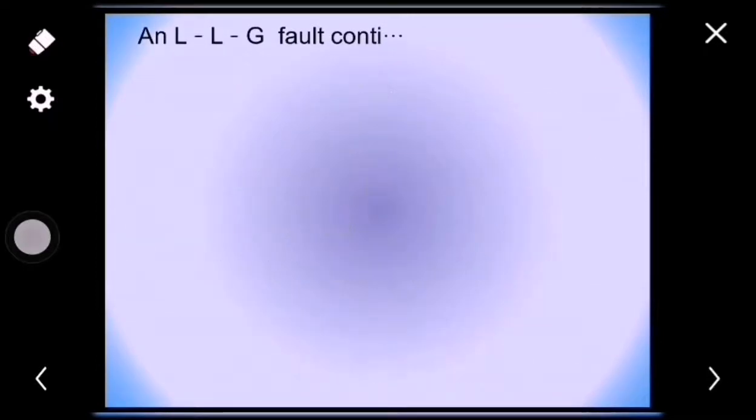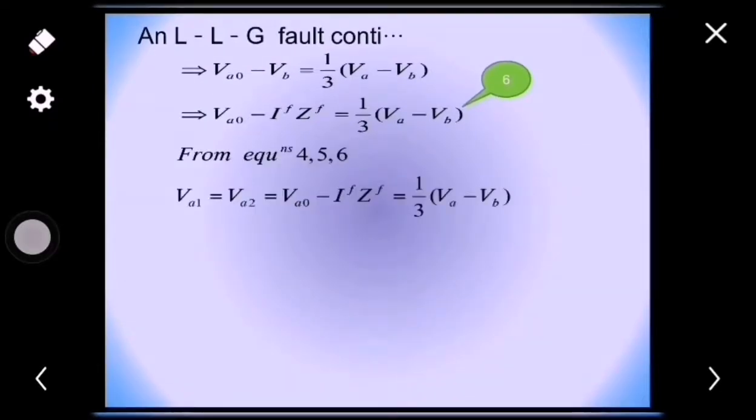Now let us go for the relationship of VA0. VA0 minus VB will also be equal to 1 upon 3 (VA minus VB), and this VB is itself the fault voltage, or you can say the fault current drop, IF into ZF. So equations 4, 5, 6 are the same. Take a look, equations 4, 5, 6 are the same.